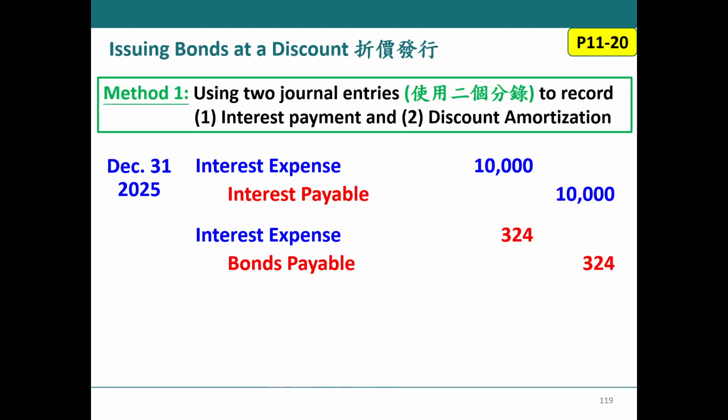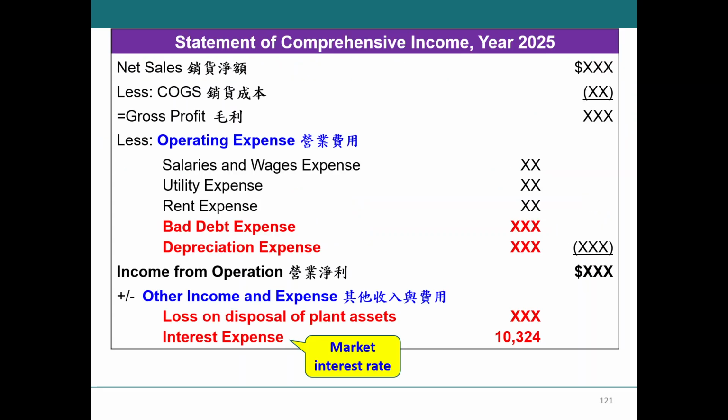Okay, so on financial statements, remember, statement of comprehensive income, you can find out what? Interest expense, right? So that's your cost of borrowing, interest expense. But interest expense, remember, when we report on financial statements, we want to report our actual cost, right? So what's our actual cost? Market interest rate, don't forget.